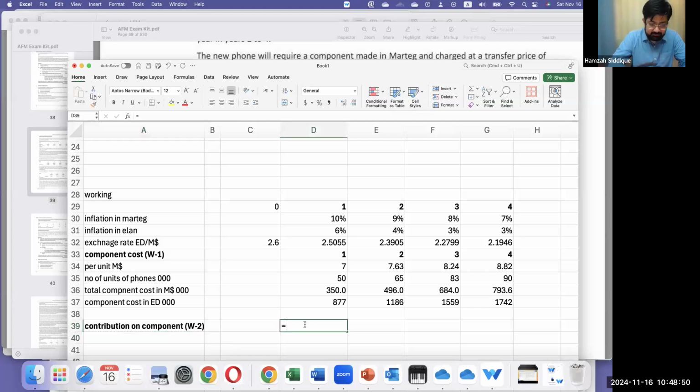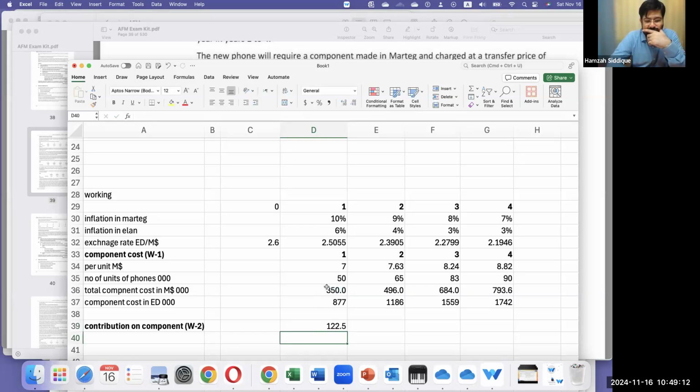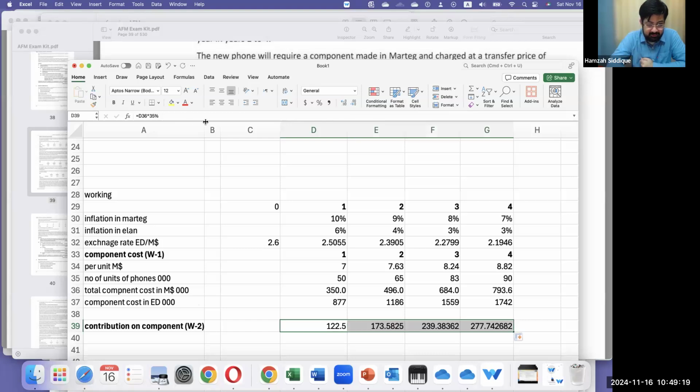Yes, year 1. So this is the component in dollars. They are selling in Martic dollars. Okay? Into 35%. For the home country, it will be in dollars.